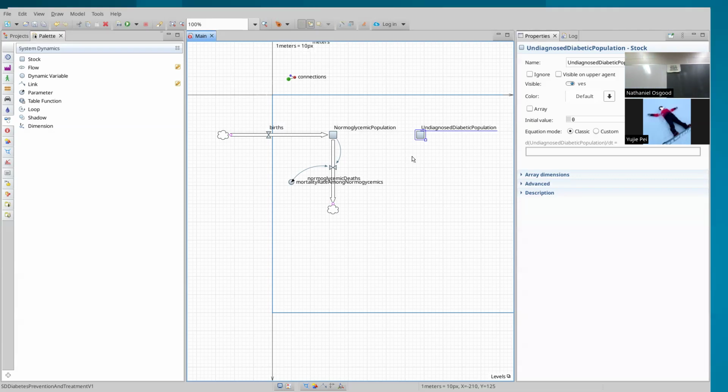They're not yet recognized. And we're going to represent the incidence of diabetes, the new development of diabetes on a regular basis, by having a flow from normal glycemic population to undiagnosed diabetic population.